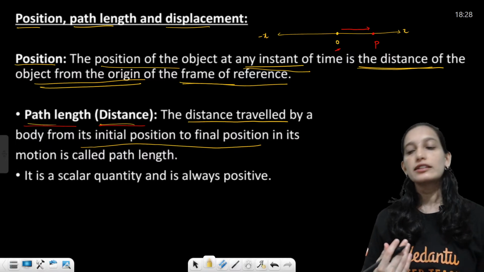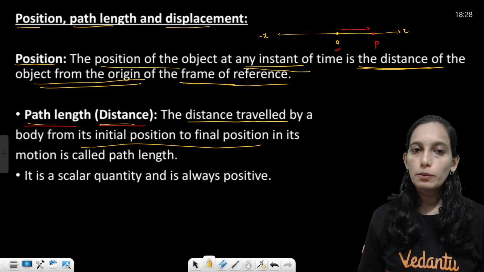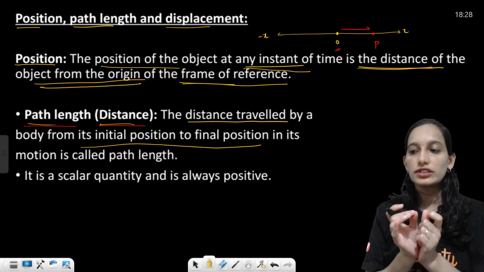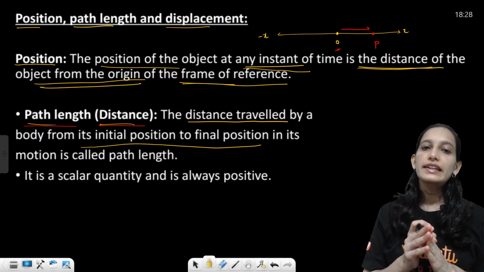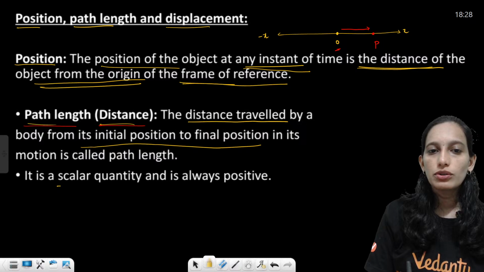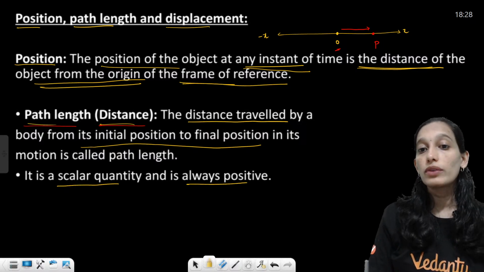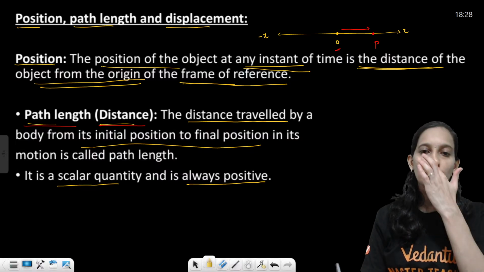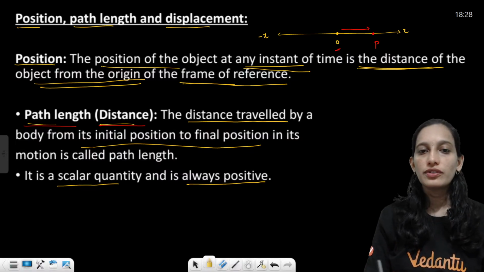As I already told you, it's a scalar quantity and it is always a positive value. Path length is always going to be a positive value.